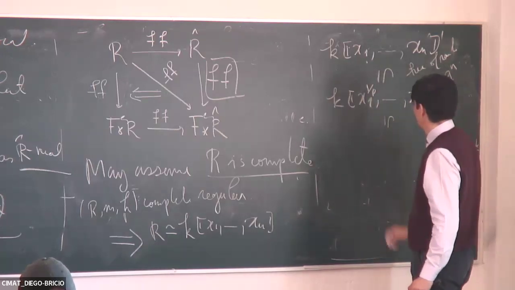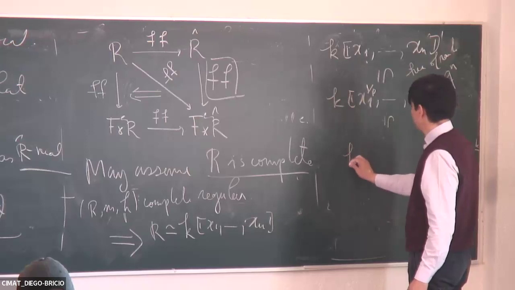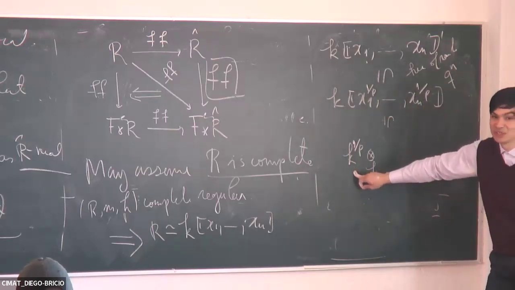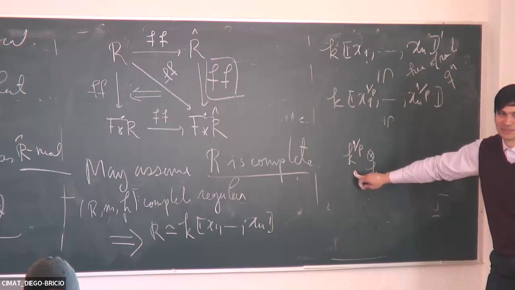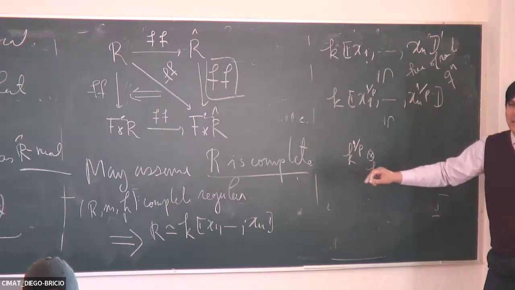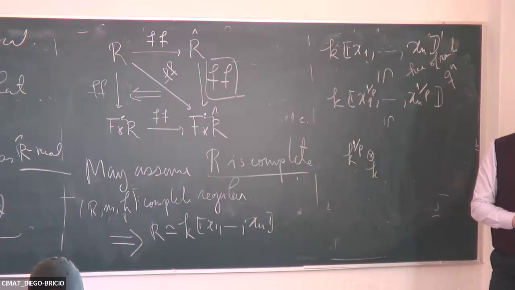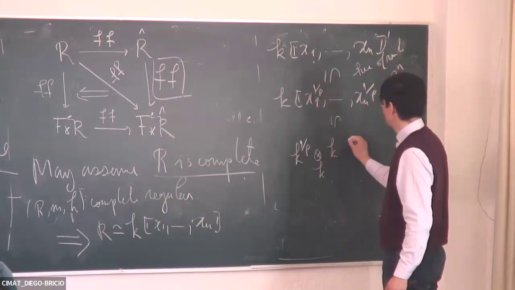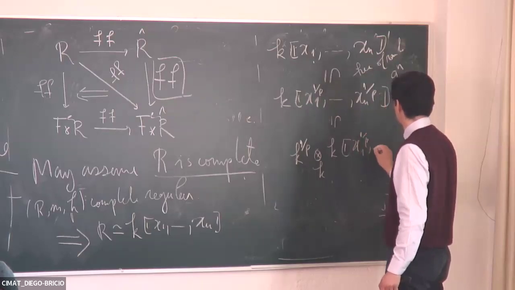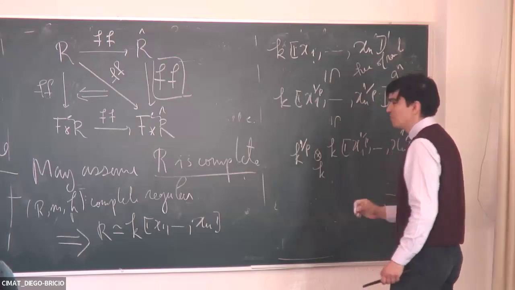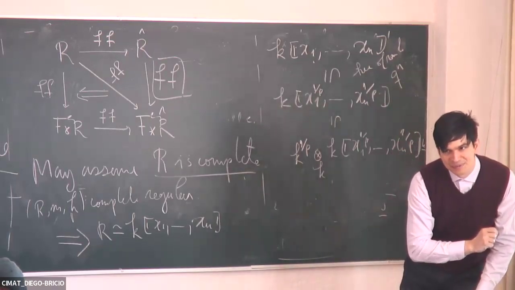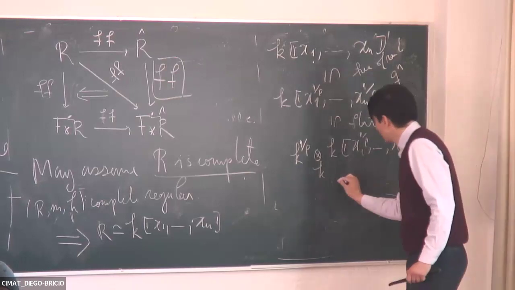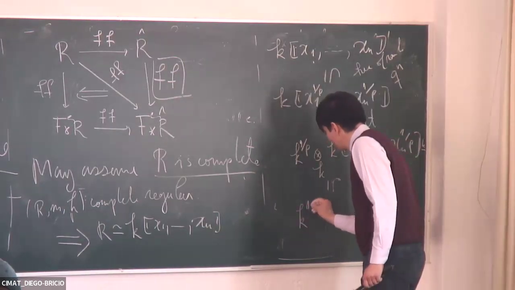But then what you do is a base change. And this is where you have to be careful, because it is a product, not a direct sum. Base change commutes with direct sums, but not with products. So you do a base change. But base change by a field is flat. So this is flat, and the next step is, well, it doesn't commute. So then you have this ring.